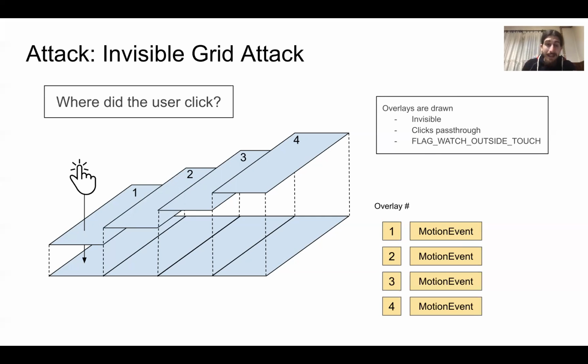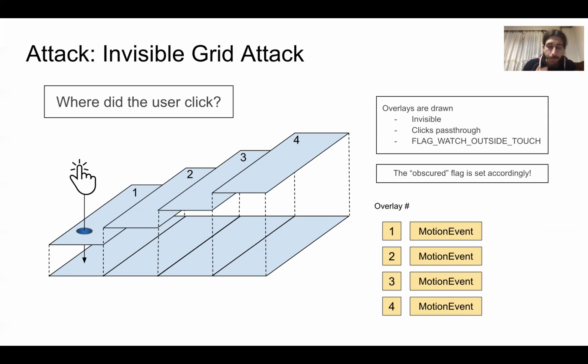So again, the goal of the attacker is to understand where the user clicked, and what I found out is that the obscured flag is actually set accordingly. What does it mean? Well, it turns out the obscured flag was set in the following way. Let's say that we click on overlay number 1.